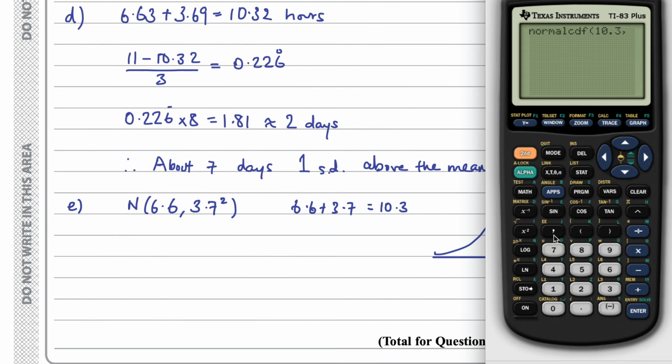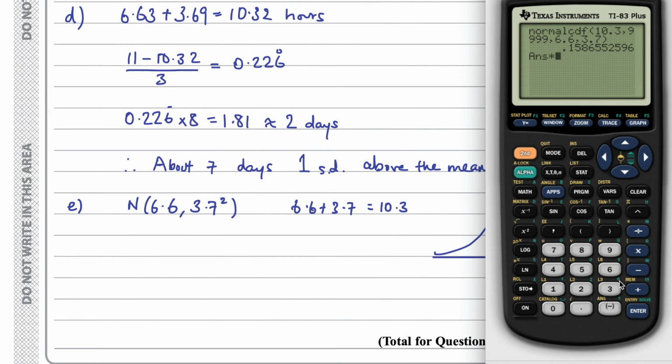The higher value is the maximum. So usually put in just any large number, usually 9,999 will do. And then the mean 6.6 and the standard deviation of 3.7. Bracket and enter. And that'll give us the proportion of days in July above one standard deviation.